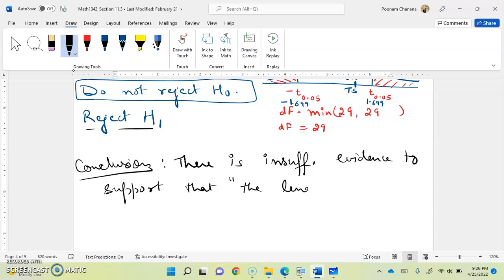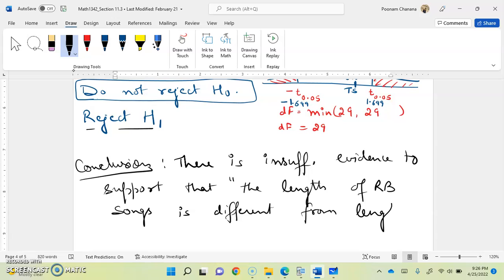The length of rhythm and blues songs is different from the length of alternative songs, at the 0.1 level of significance.